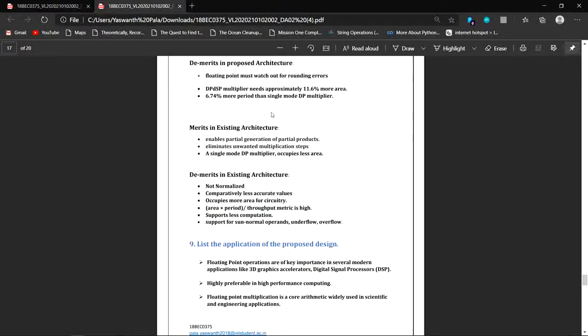Of course they also have demerits, but still, overall in compatibility and efficiency, the proposed architecture has a better chance of developing further and resulting in a better system architecture. So that is up to the 8th question.